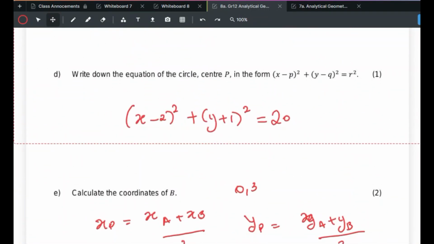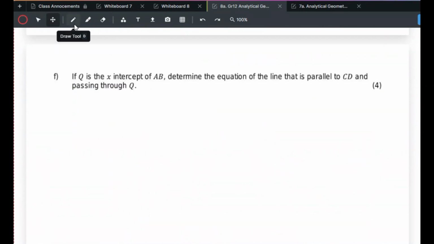So zero equals -2x plus 3. So that moves over, and you're just going to get x equals, is it 3 over 2? Yes, 3 over 2. So your coordinate is 3 over 2 and 0.